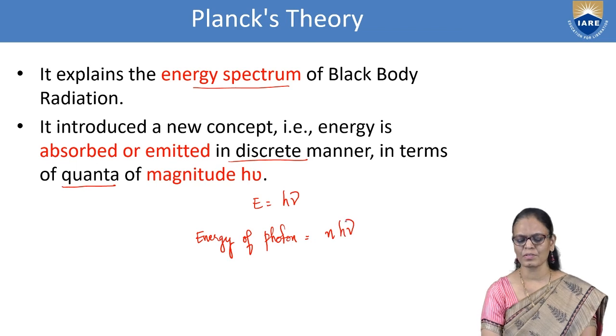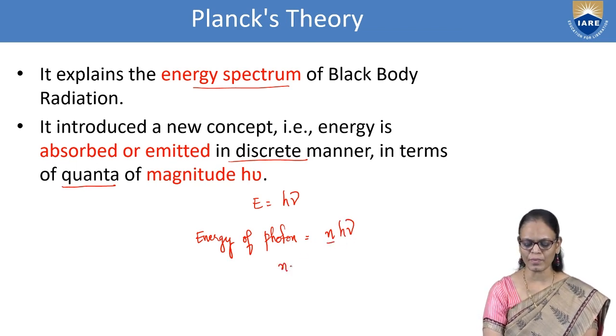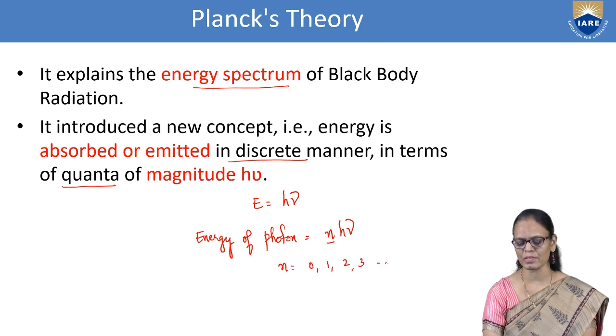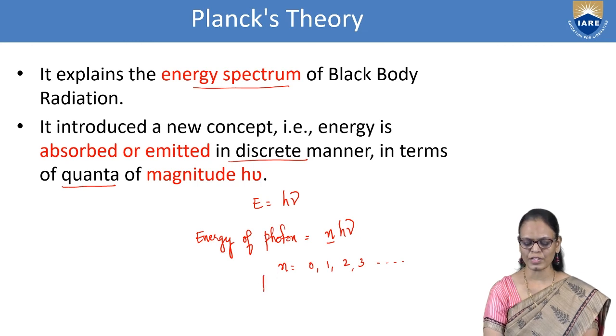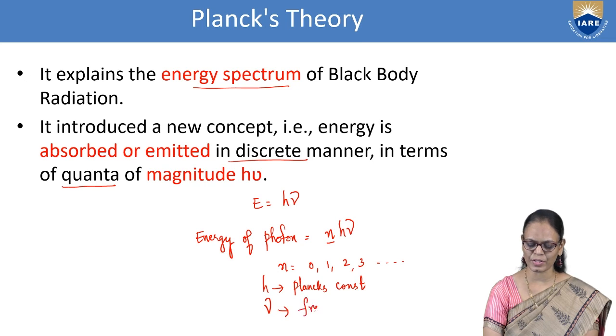So E is equal to n h nu, where n can take on the values 0, 1, 2, 3 and so on. h is Planck's constant, and nu is the frequency of radiation.